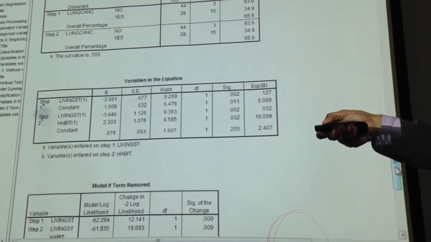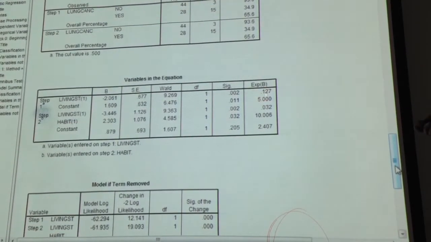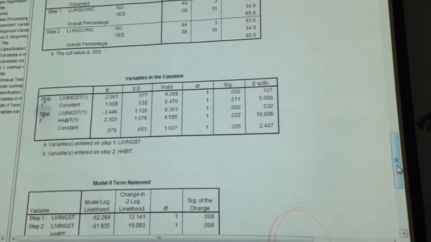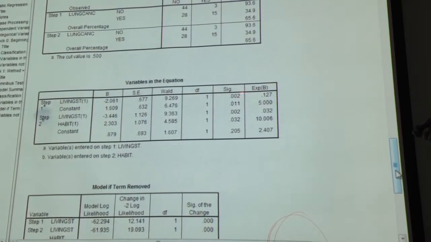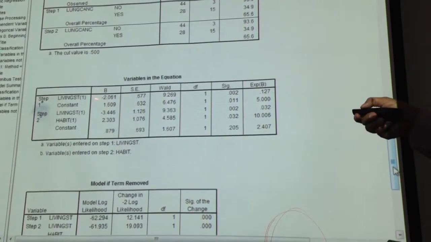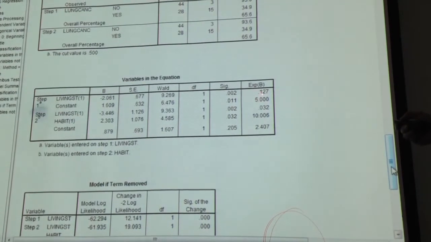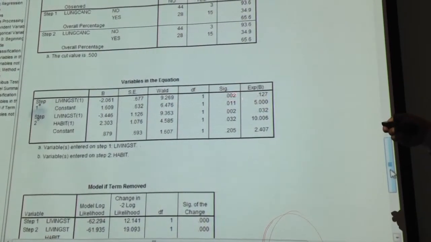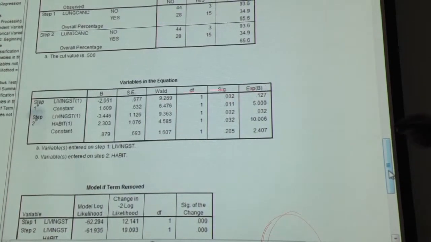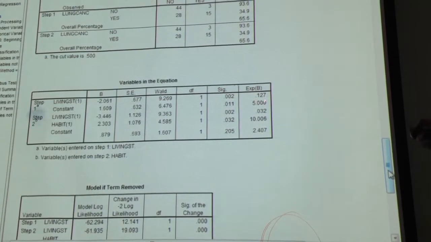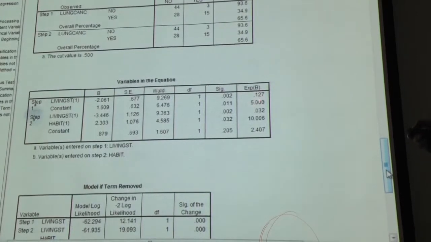For the regression, we use the beta value. For the logistic, we refer to this as the standardized beta value. Okay. So living style 0.127, is it significant? Yes.